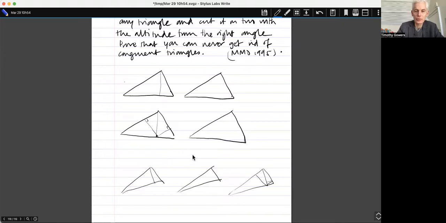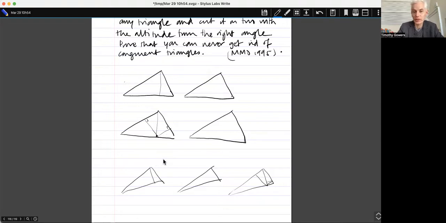An initial observation, which at first I was not expecting and then I realized was obvious, was that if you cut down this line here and then you do 2 more cuts, then this triangle here will be congruent to this triangle here. So you're not getting 4 different triangles once you chop into 4 pieces.